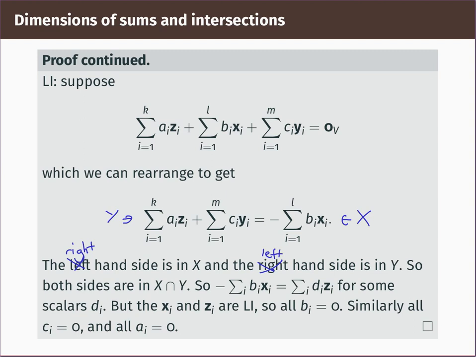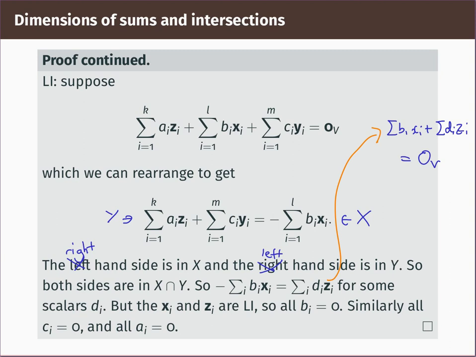But now what we get, just rearranging this equality a little bit, is that the sum of bixi plus the sum of dizi is equal to the 0 vector in V. That is a linear dependence on the x's and the z's. But the x's and the z's were a basis, so they're linearly independent. They were a basis for X. So it follows that the b's, and incidentally also the d's, must all be 0.